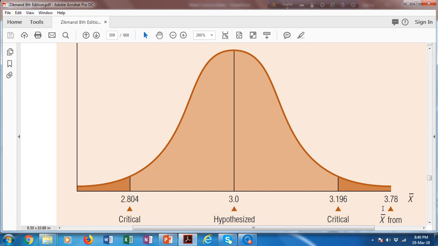Okay, so in workshop questions, you will see that Excel will automatically calculate this calculated value, I mean the sample value, and will show the critical value. So if the sample value is greater than the critical value, we will reject the null hypothesis. And if the sample value is less than the critical value, then we will accept the null hypothesis.